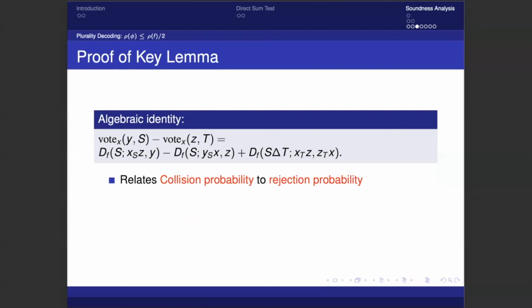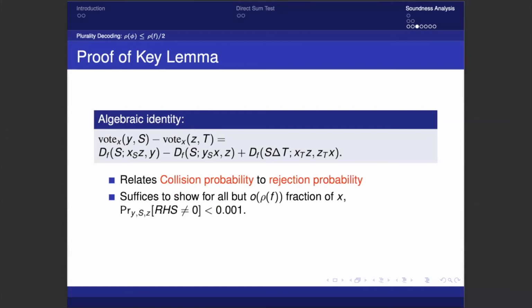Okay, so these are not necessarily random inputs. So in order to prove that for most choices of x the collision probability is large, it's sufficient to show that for most choices of x, the probability that the right-hand side of this identity is zero is large, or the probability that it's non-zero is small.